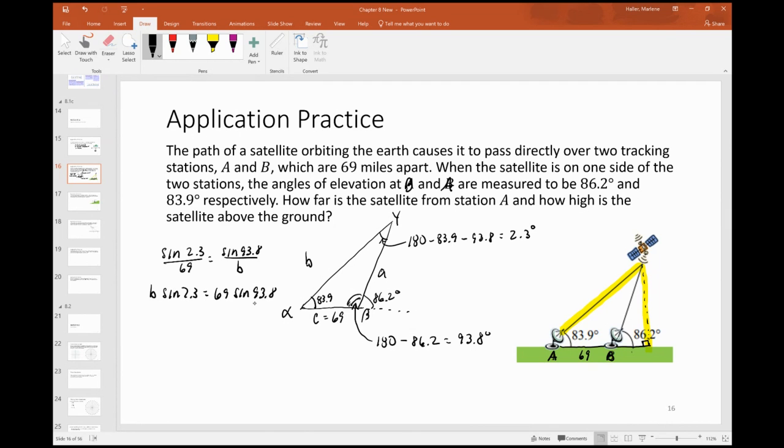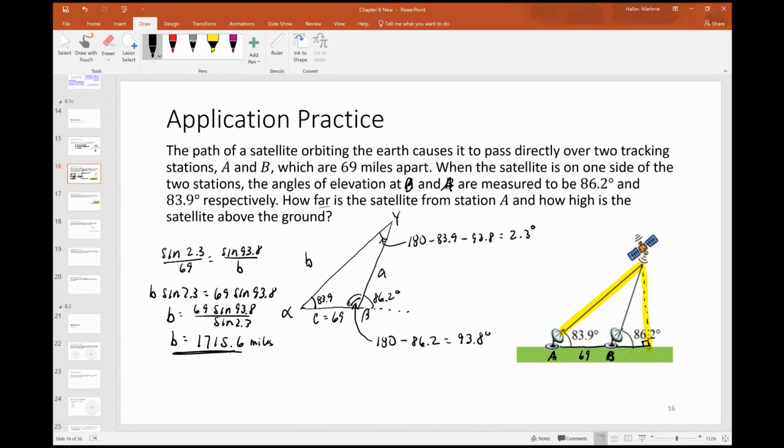Then divide both sides by the sine of 2.3. So B is going to be 69 times the sine of 93.8 divided by the sine of 2.3. Putting it in the calculator, we see that B is 1,715.6. What are we doing here? We're doing miles. All right, so that's the first thing that we needed to find.